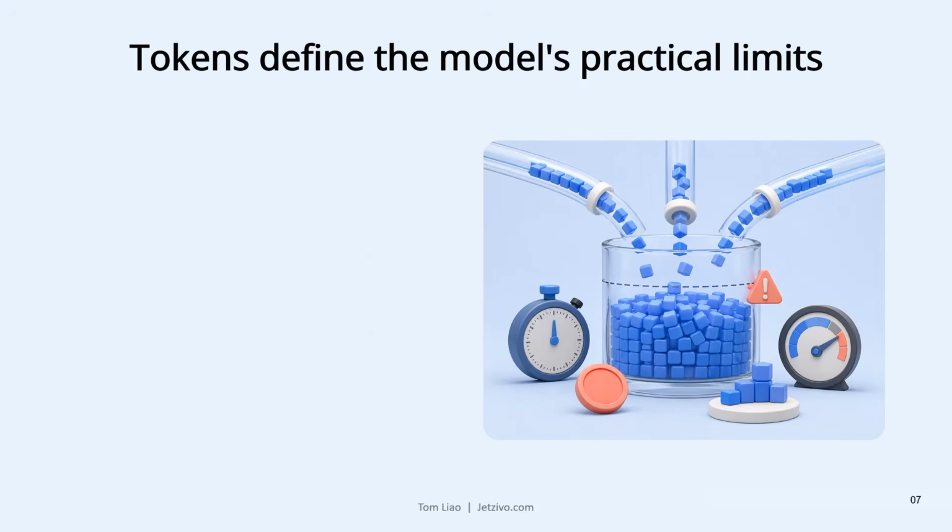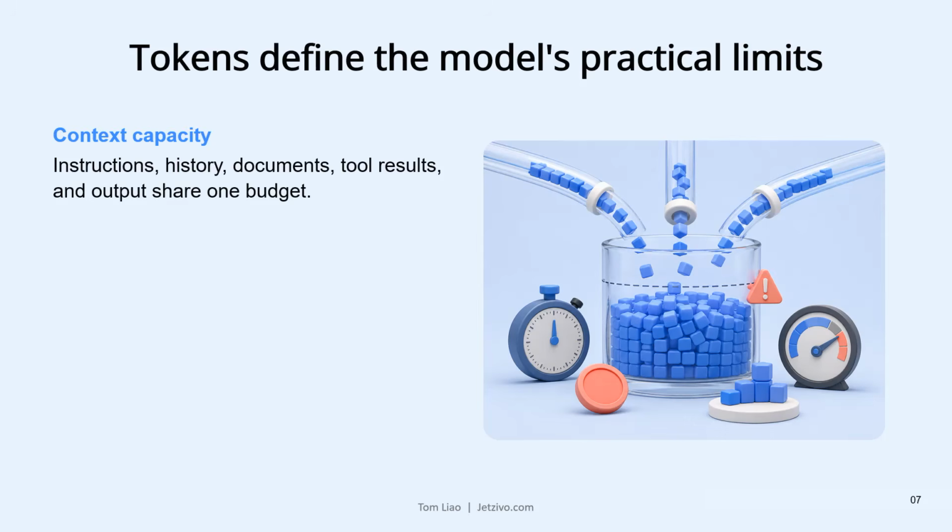Tokens also define several practical limits of an AI application. The context window is the total amount of information the model can work with during one request. This budget may need to include system instructions, user input, conversation history, retrieved documents, tool results, and the generated answer.